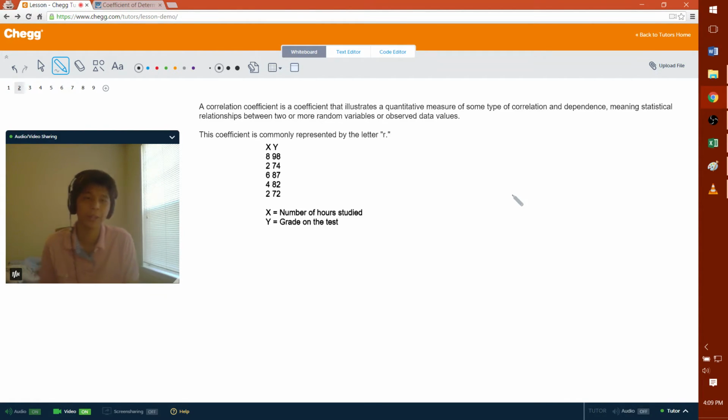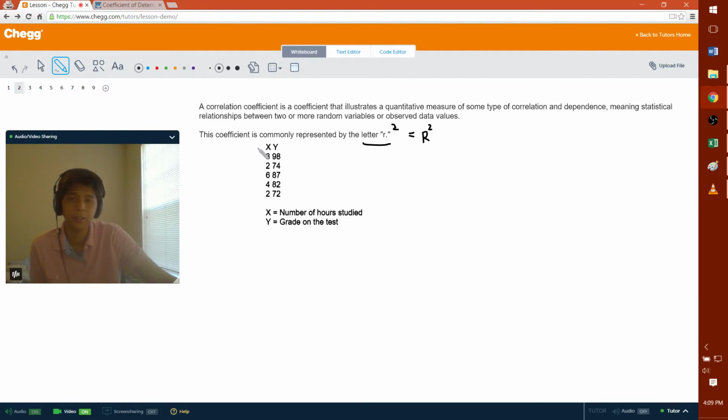So the first way that we actually calculate our R squared is to calculate our R, which should make sense, right? Because we already talked about that the R can just be squared to give us our R squared. It's that easy. But we have to calculate our R first in most cases. So let's look at an example problem down here.